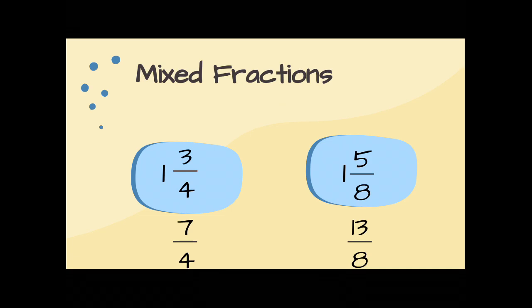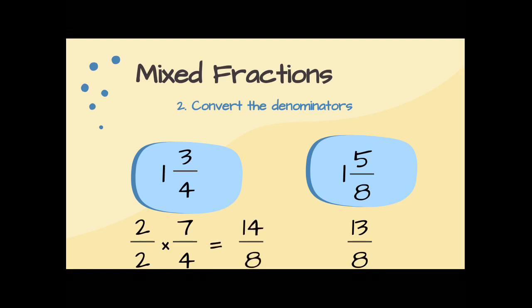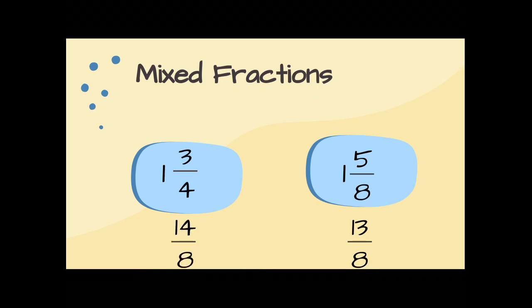The way to make 7 over 4 something out of 8 is to multiply the top and bottom by 2. So we're going to do that, and we're going to get 14 over 8 as the common denominator fraction. Now that we have 14 over 8 and 13 over 8, we can compare the numerators, and we can see that 14 is greater than 13, which makes 14 over 8 greater than 13 over 8. And then 1 and 3/4, the original fraction, is also greater than 1 and 5/8.